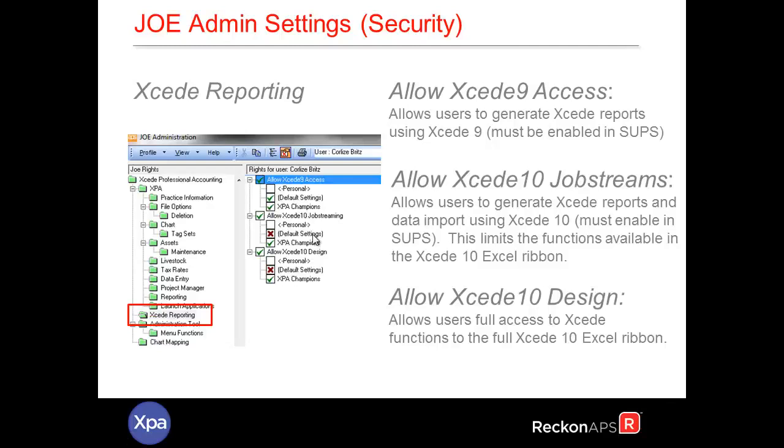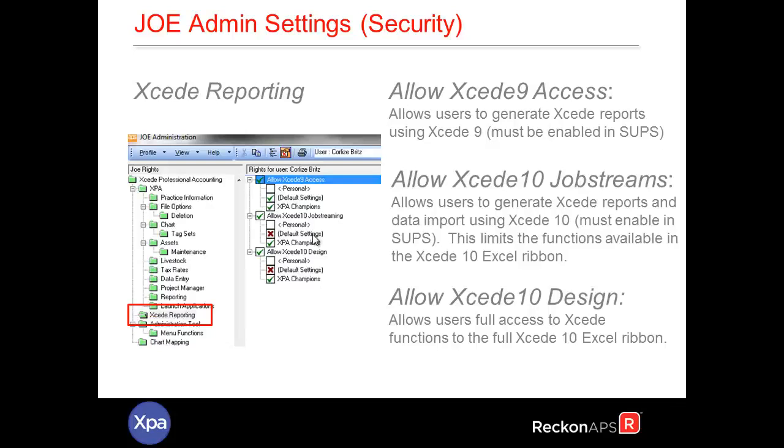Allow Exceed 9 access will be enabled by default as the default version of Exceed. So therefore, if the upgrade proceeded through IT to upgrade your database and install the application, all users will be able to access XPA and work as normal as they have been doing in their prior versions.